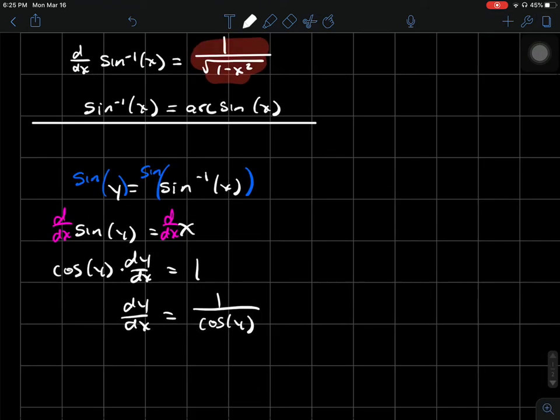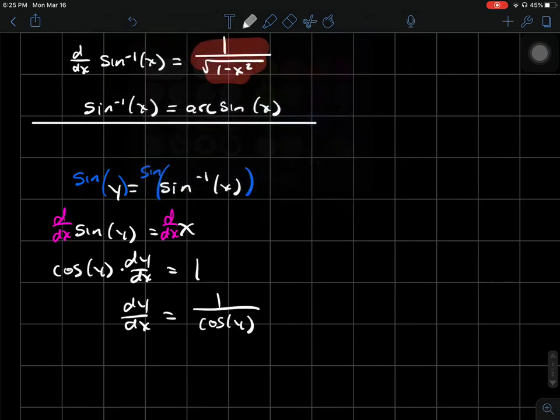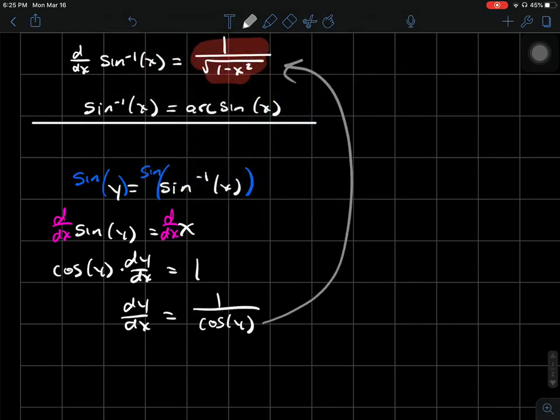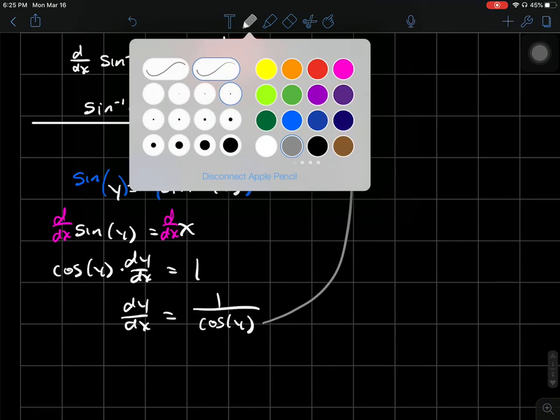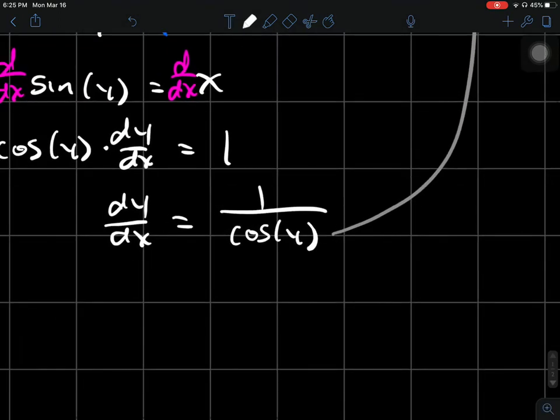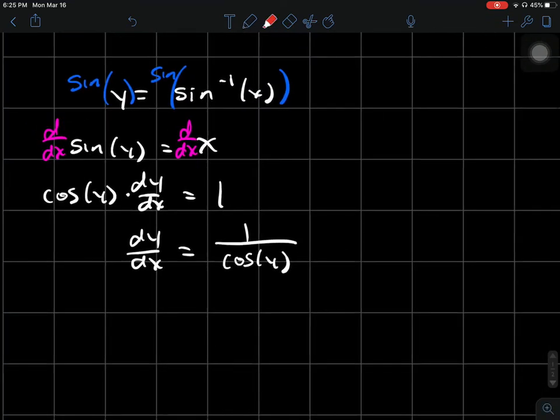Now this does not look anything like this. So we are a long ways away from trying to prove this. One of the things is that we don't want a derivative to be in terms of the same variable. In other words, we got y's here, we don't want y's here as well.